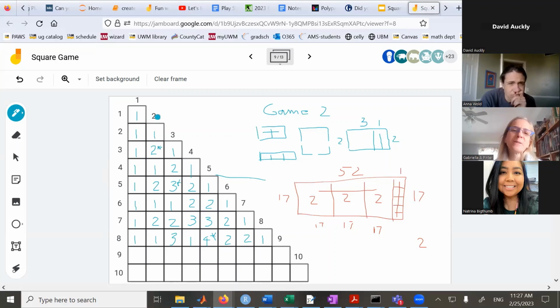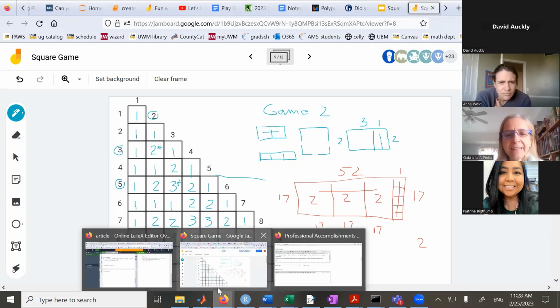So those numbers are some famous numbers too, which is a really nice connection. So these become the Fibonacci numbers. So there's sort of a magic connection to Fibonacci numbers too.